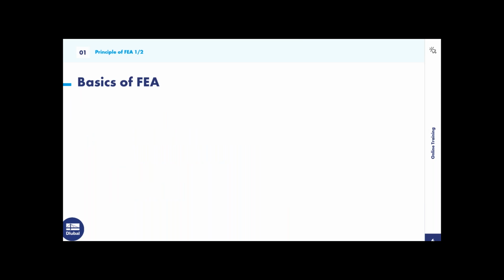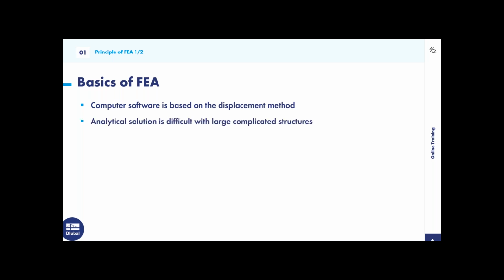So just to get started, the first thing we'll be going through is the basics of FEA. So what is FEA? FEA computer software is based on the displacement method. And why we need to use FEA is because analytical solutions can be difficult when it comes to large, complicated structures.